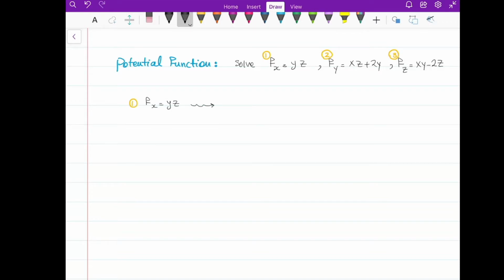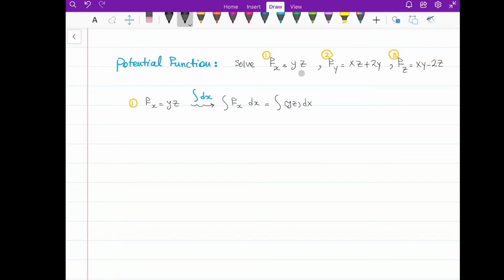Now I'm going to take the integral of that with respect to x. So the integral of the partial derivative of f with respect to x dx is the integral of yz with respect to x.